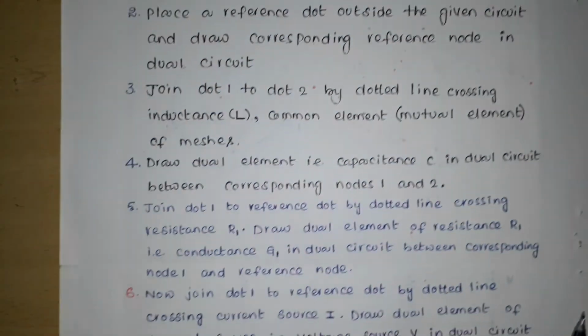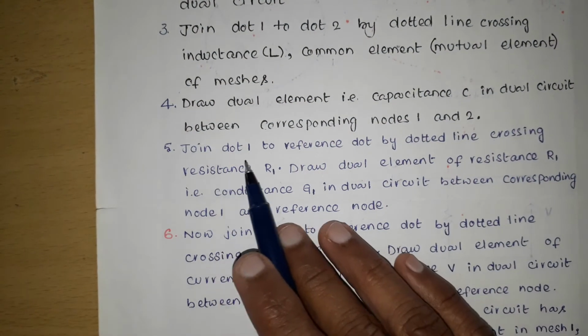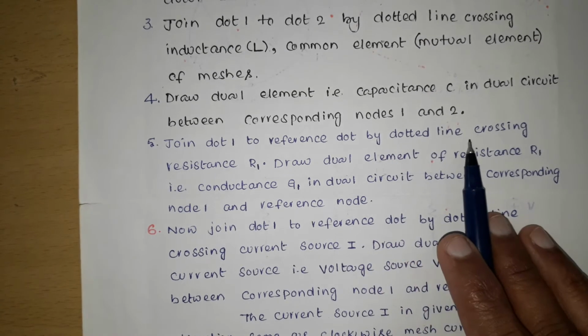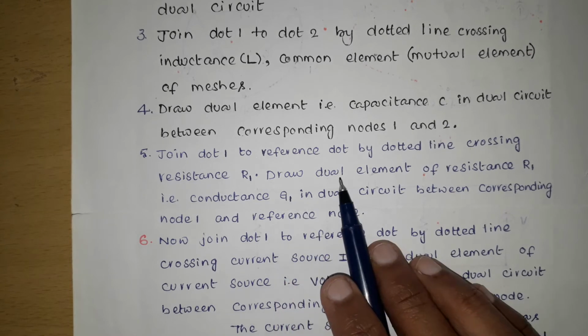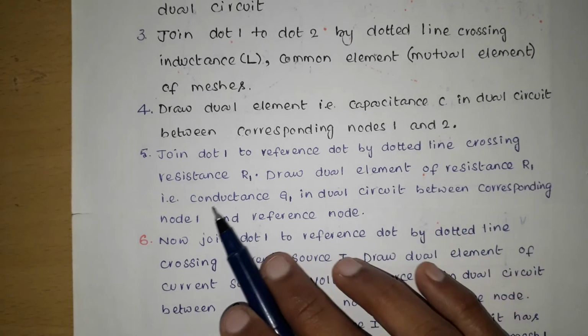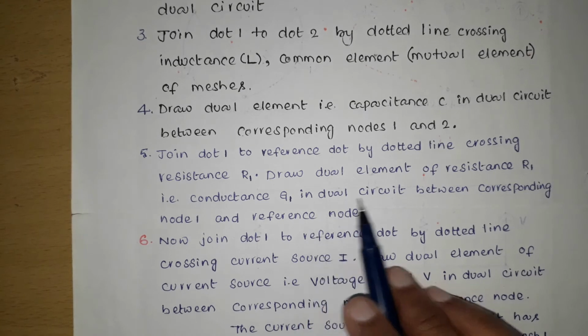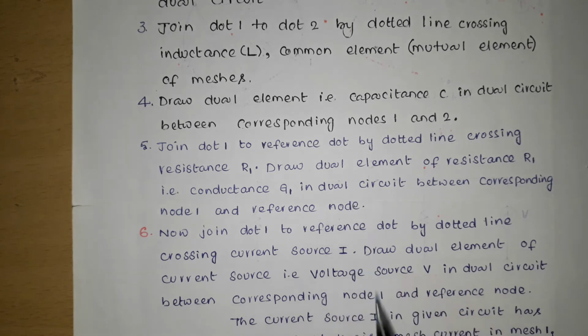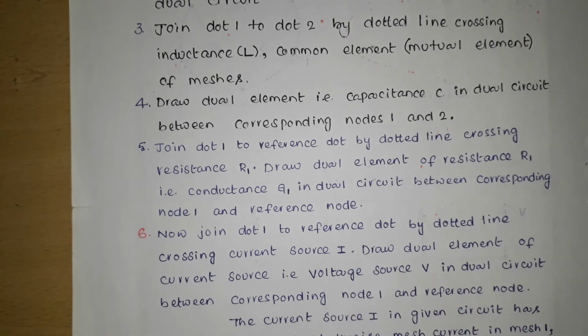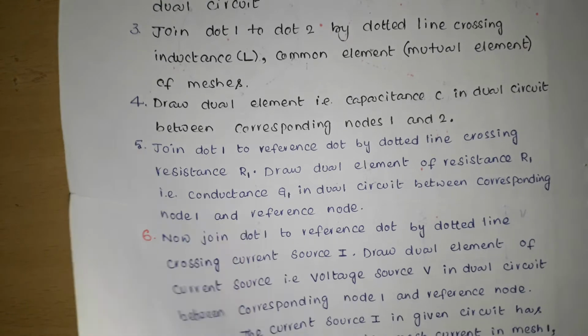And after that, join dot 1 to reference dot by a dotted line crossing resistance R1, and draw the dual element of resistance R1, that is conductance G1, in the dual circuit between corresponding node 1 and reference node.